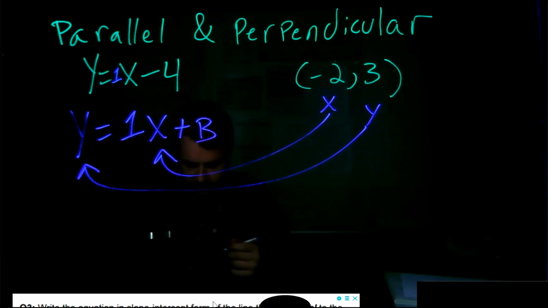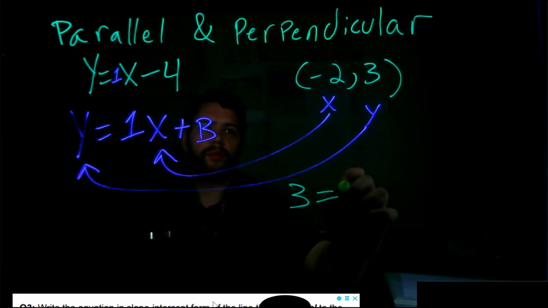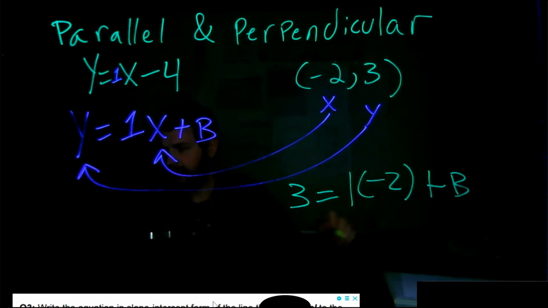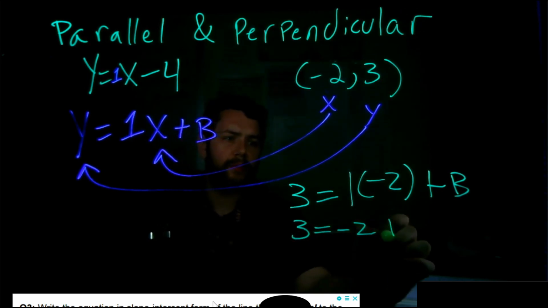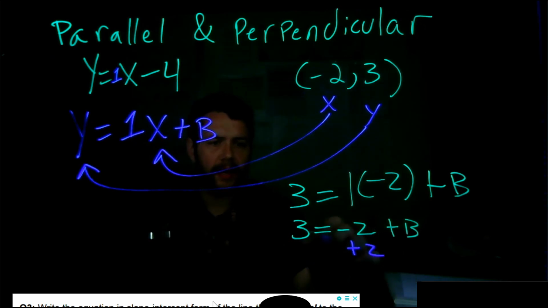We'll have 3 equals 1 times negative 2 plus b. 1 times negative 2 is just negative 2, so we have 3 equals negative 2 plus b. And then we will add 2 to both sides, giving me my y-intercept, which is 5.